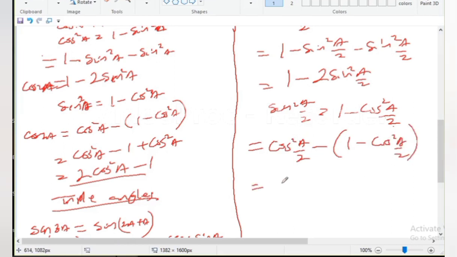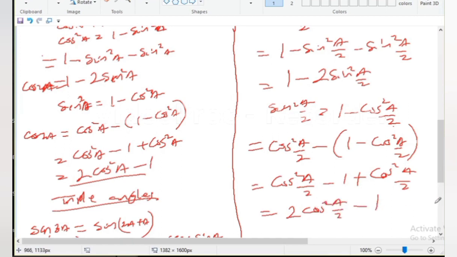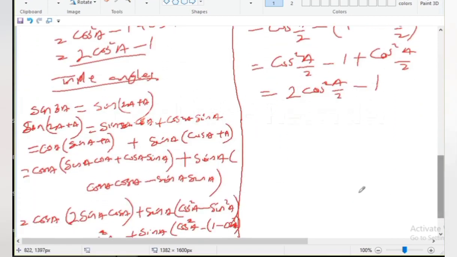So you will have cos square A over 2 minus 1 plus cos square A over 2. Add these together, you will have 2 cos square A over 2 minus 1. So you can equally have it like that. So that is it.